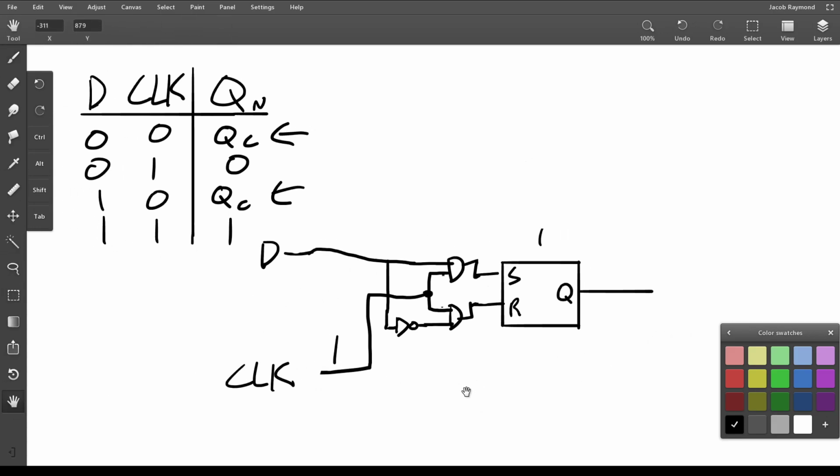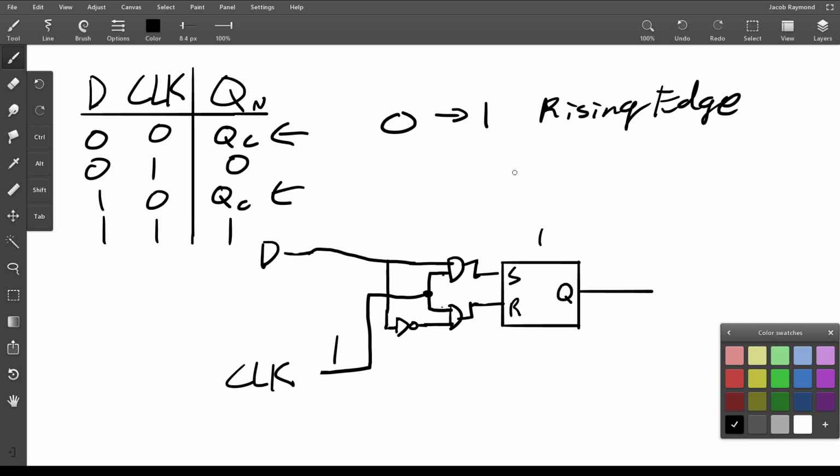Essentially, it just means that instead of writing whenever the clock is 1, you only write whenever the clock changes. If you're only writing when the clock changes from 0 to 1, that's rising edge. And if you only write when the clock goes from 1 to 0, that's falling edge.